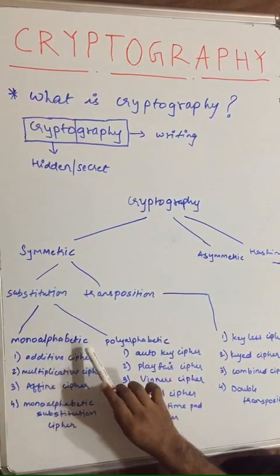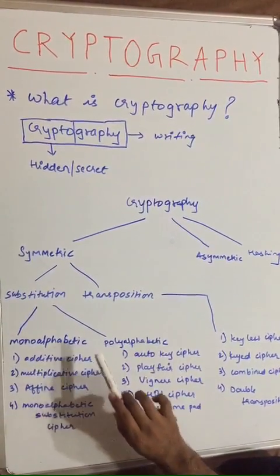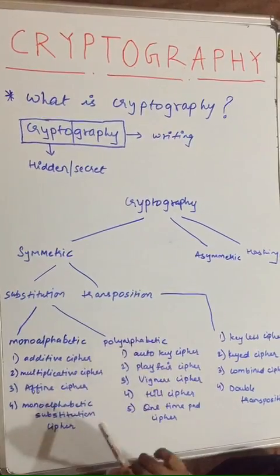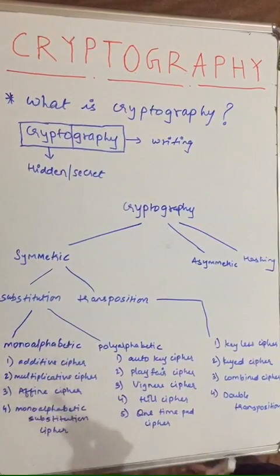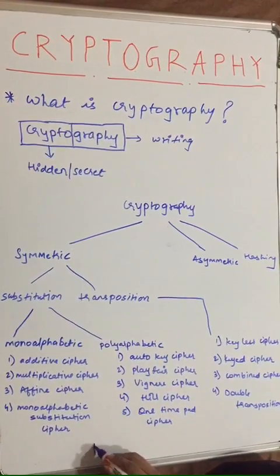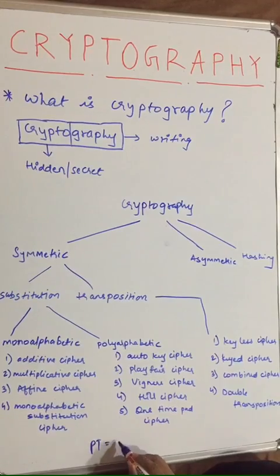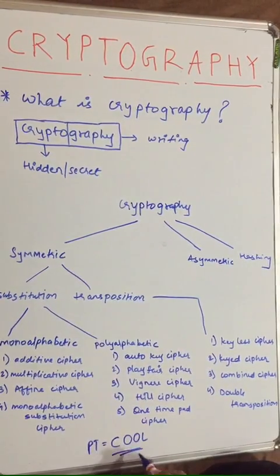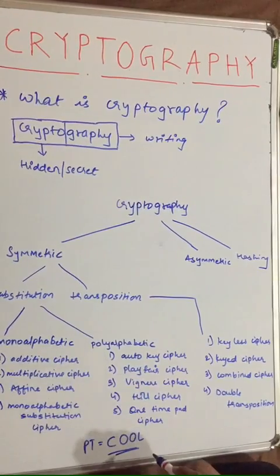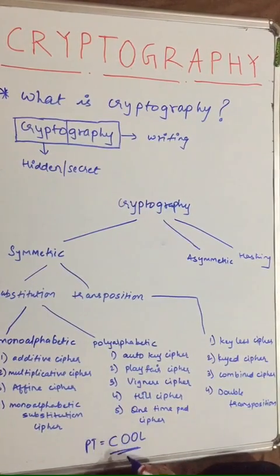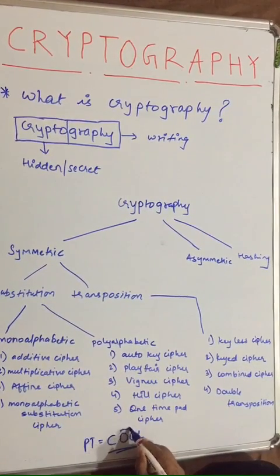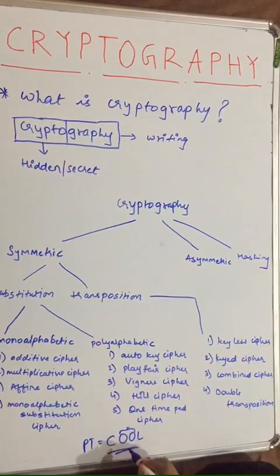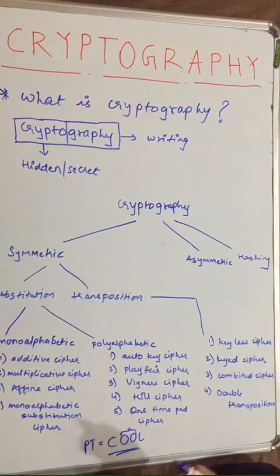And what is the difference between monoalphabetic and polyalphabetic? Let's take an example where the plain text is equal to cool. All right. If we are using a monoalphabetic cipher method, then the ciphertext for both of these letter O's will be the same.